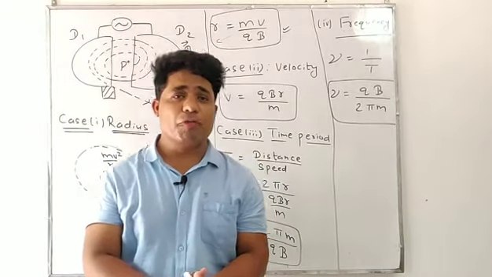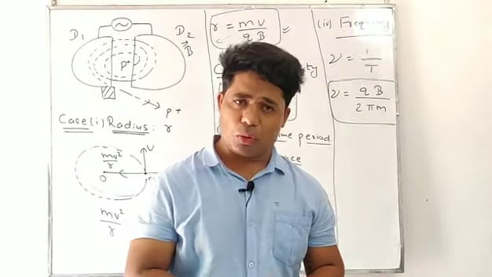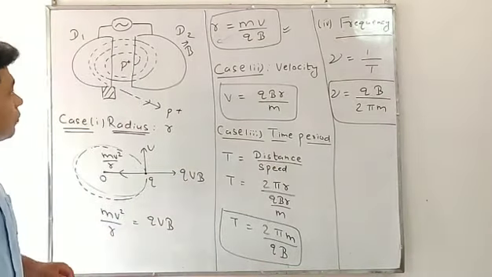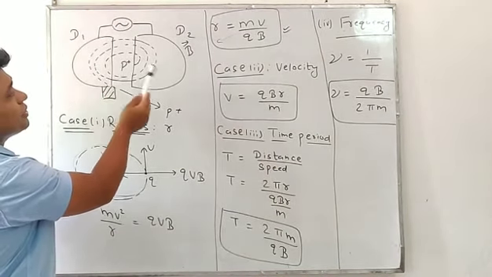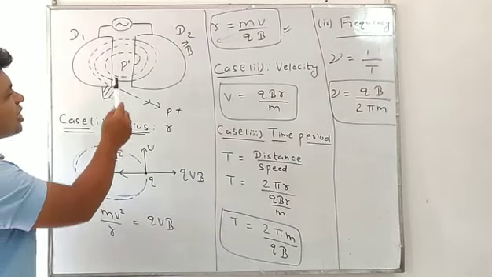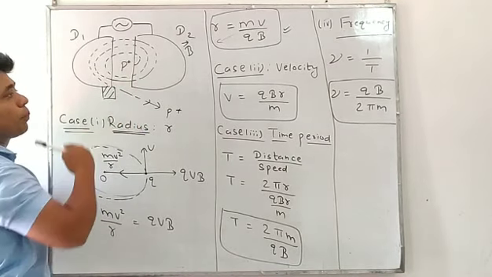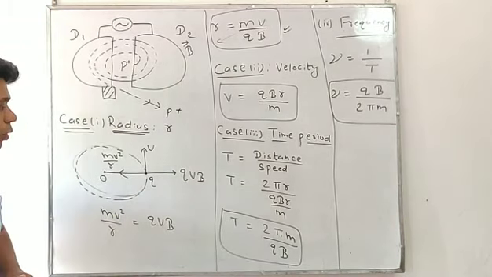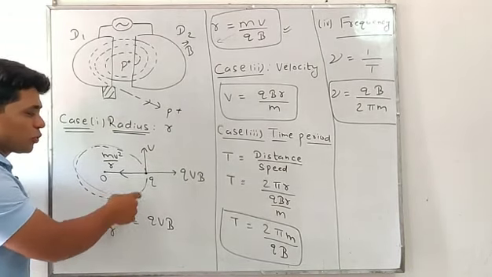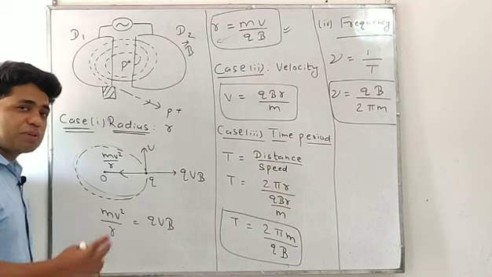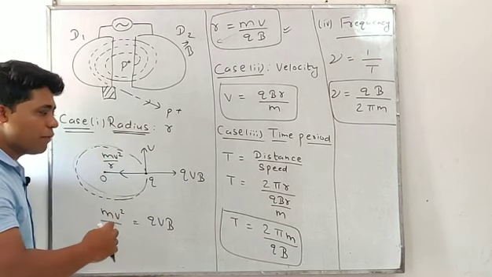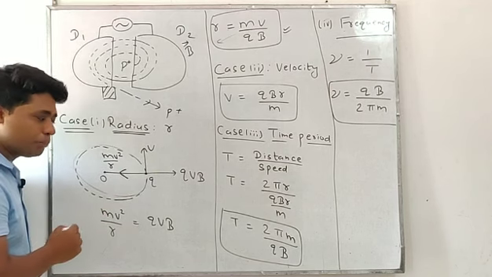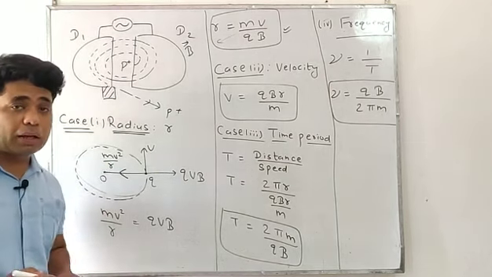Now students, we will discuss the mathematical portion of the cyclotron. Our first case is the radius. In a cyclotron, the charged particle revolves in a circular path. Whenever a charged particle revolves in a circular path, it experiences two types of force. The first is the centripetal force, which works towards the center, mv squared by r.